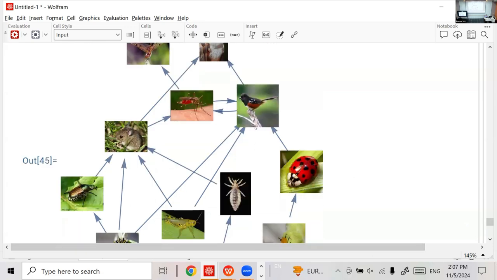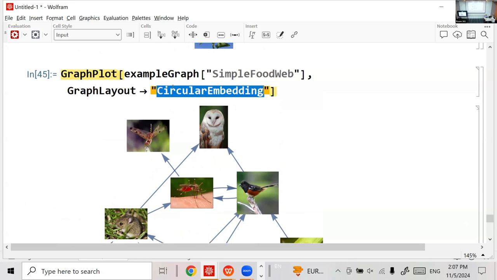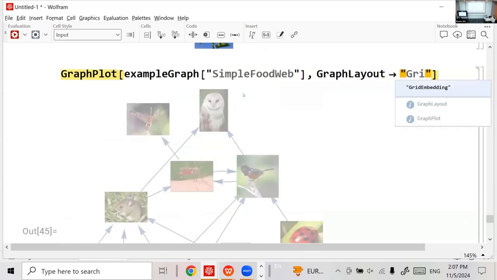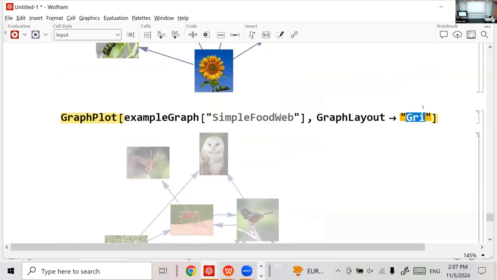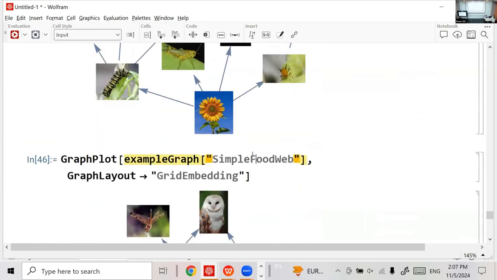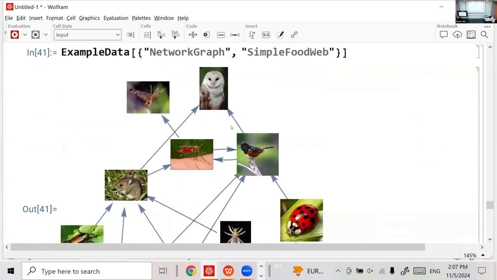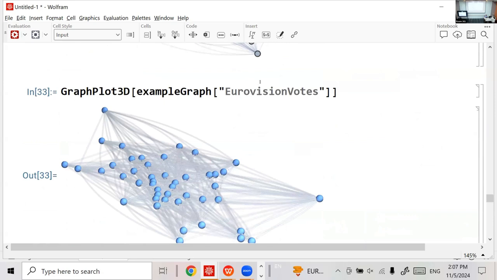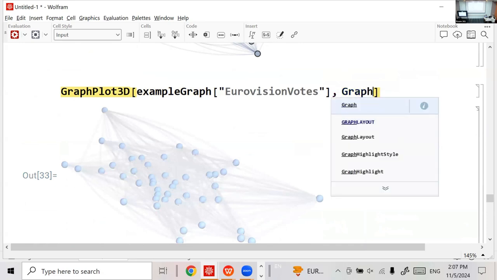So alternatively, I can put this. I don't know why it doesn't work. Sorry. I want to show you that there are many options. Maybe there's something about this simple food web that doesn't allow it. Hold on. So let's do this. Let's try graph layout.